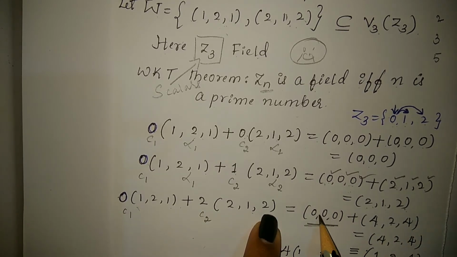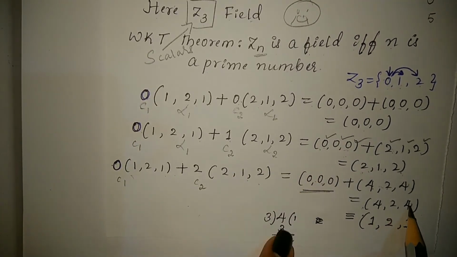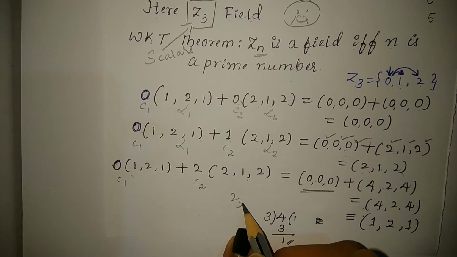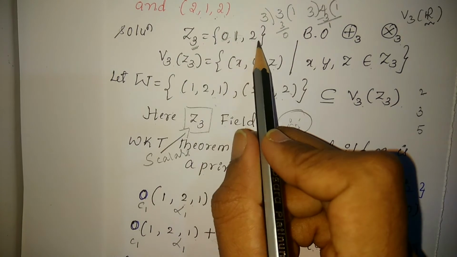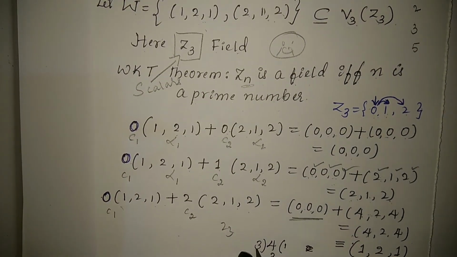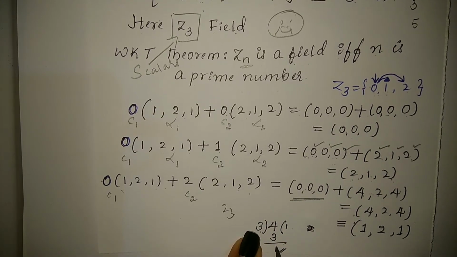So here, if I add these two triplets, we get 4, 2, 4. But 4 is not an element of Z3. So Z3 contains only 3 elements, namely what? 0, 1, 2. So therefore, for 4, if I divide 4 by 3, 3 ones are 3, we get the remainder 1.